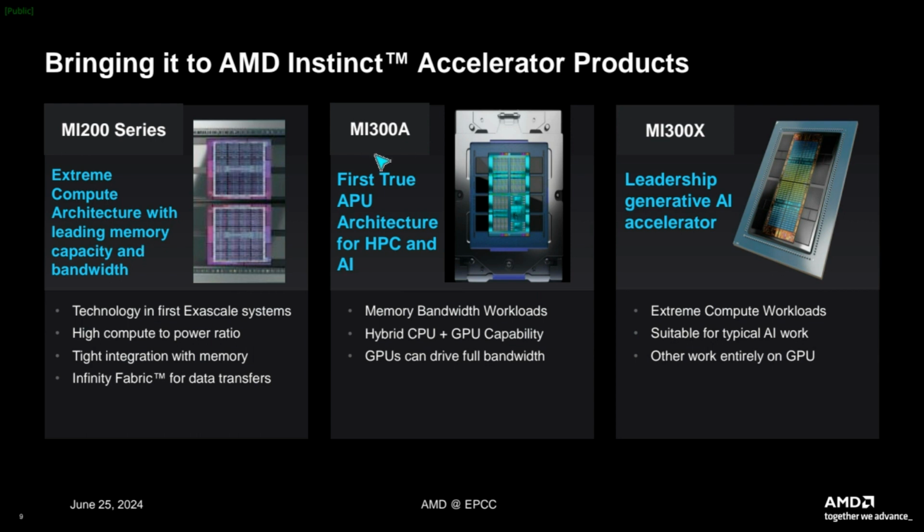MI300A, which just came out in the last year, that's a true APU. And if you look at this diagram closely, you'll see in the lower right corner, it looks a little different. That's because that's 3 CPU devices that are added in that quadrant.